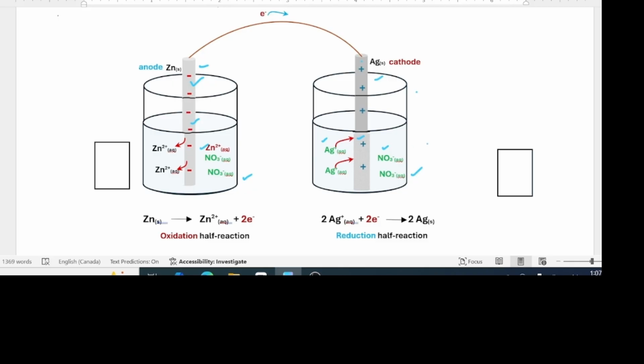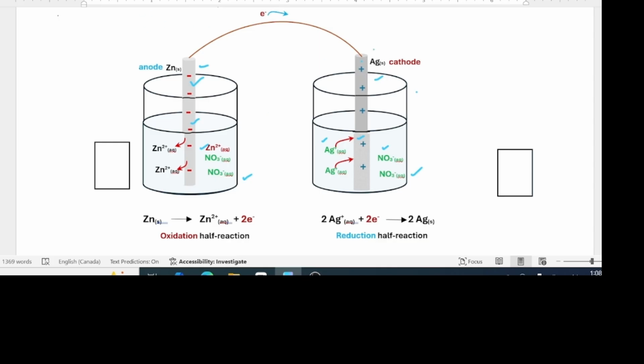The discharged silver ions get deposited onto the silver rod as atoms. You can see that these silver ions that are present from the silver nitrate solution make their way onto the silver rod, where they collect electrons and get deposited there. By losing electrons to the silver ions, this electrode becomes positively charged.